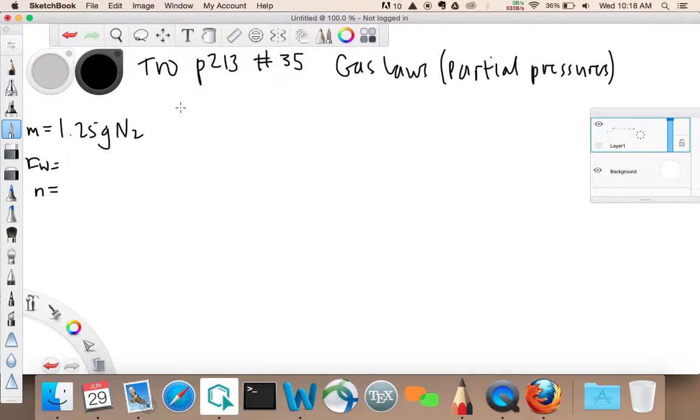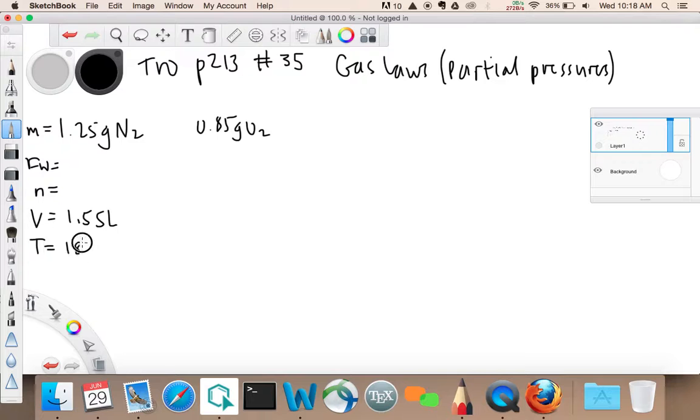And it also contains 0.85 grams of O2, and we'll get the formula weight of that in a second, in a 1.55 liter container. All right, so volume is equal to 1.55 liters, in a 1.55 liter container at 18 degrees Celsius.